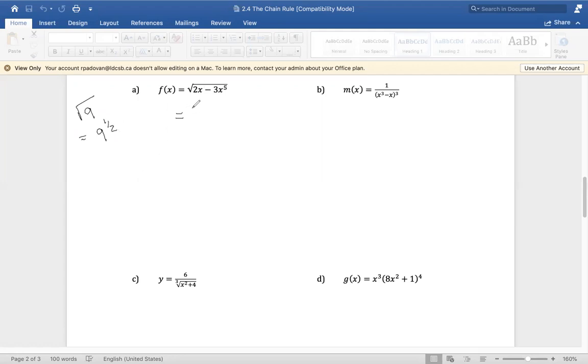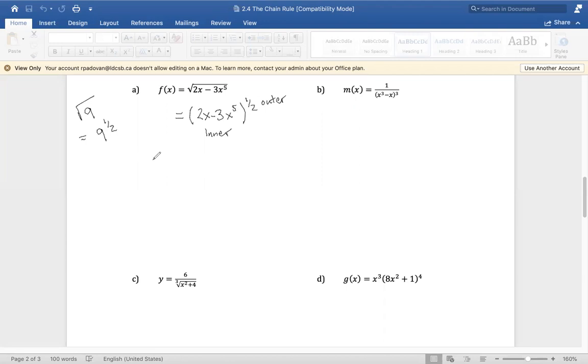So then therefore we could make this, use brackets, 2x minus 3x to the power of 5. The power of 5 is only on the x bracket, all to the exponent of 1/2. So the inner function is the 2x minus 3x to the power of 5. The outer function is like x to the power of 1/2, is your power of 1/2 there, right?